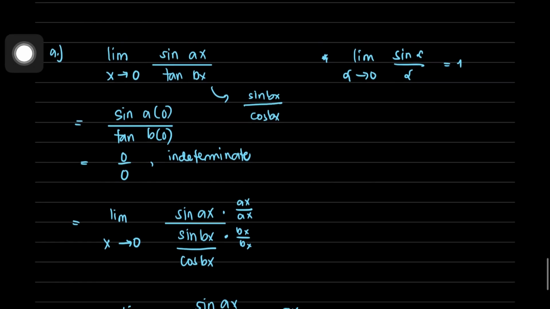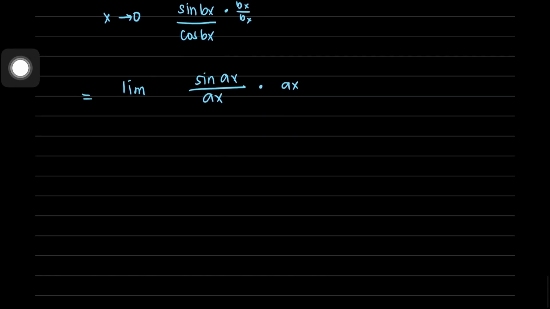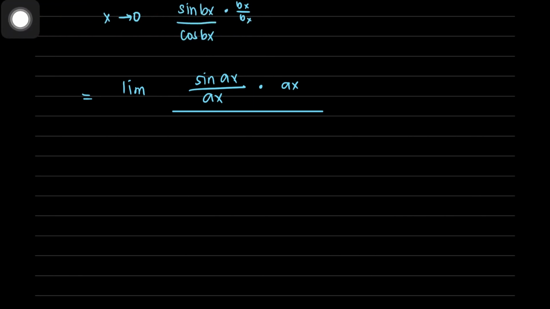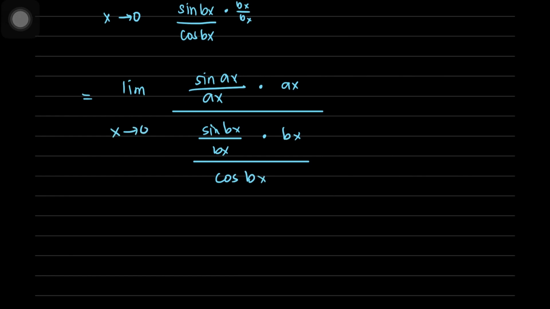Because our goal here is to have this general form, or this theorem, so that we can solve for the given limit function, right? So all over sine of bx, if I'm going to multiply bx over bx on sine bx, we'll be having sine of bx over bx multiplied by bx all over cosine of bx as x approaches 0.